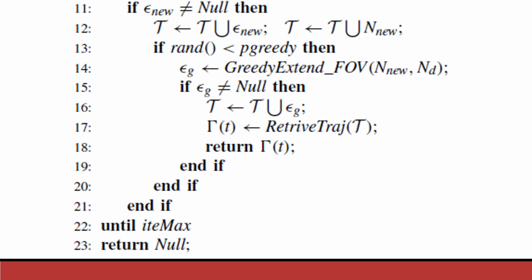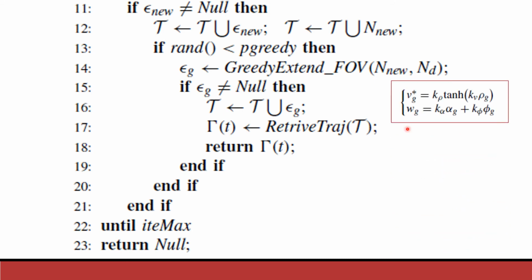After each successful extension of the tree, a greedy extension is also attempted. In the algorithm, the greedy probability is set to 0.4. If the number generated here is less than that probability, then the extension is done using a polar stabilization controller, given as the following in the box. That's slightly complex to understand, so I'll just give you a short summary of what it's actually doing.